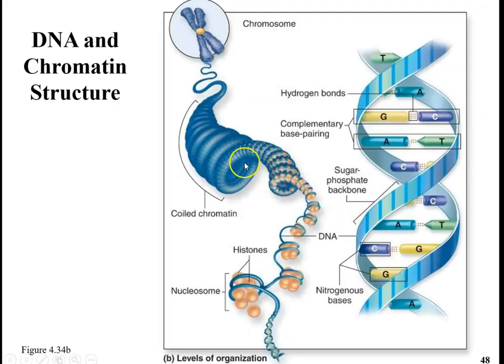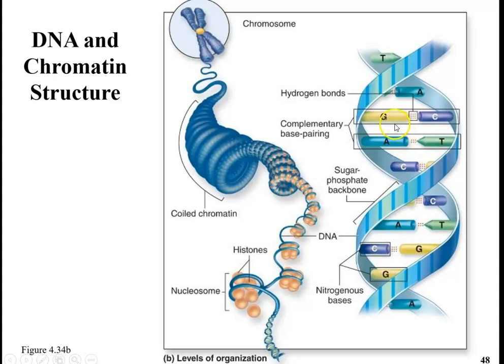And here's just an overview of the structure of DNA. So starting from the very bottom, you have the sides of the ladder, right? These are nucleotides. And here you have the nitrogenous bases in the middle of the ladder, creating the rungs. And you need to know which one hydrogen bonds to which one.